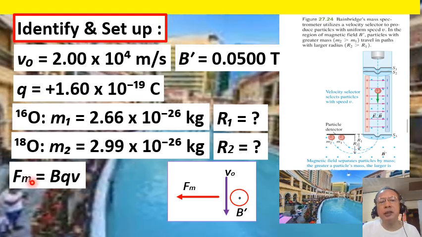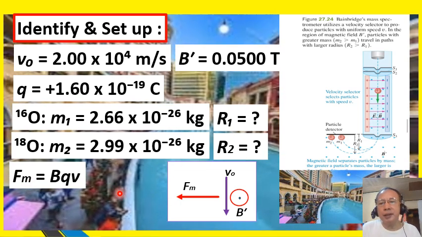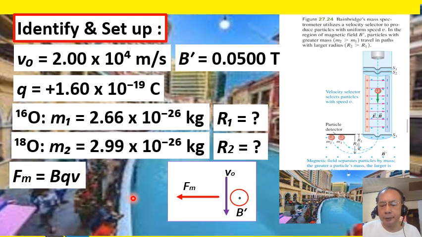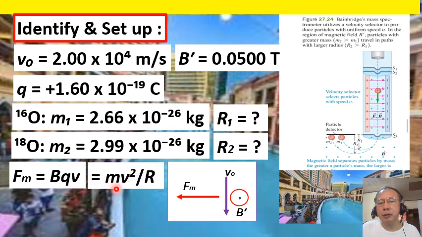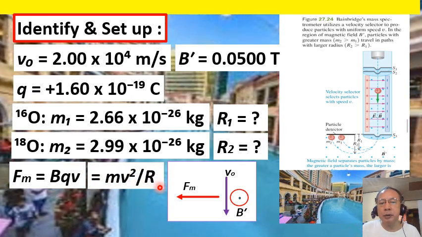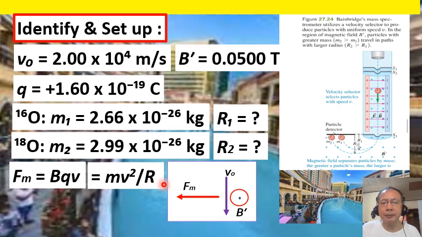Hence, we can equate this magnetic force to the centripetal force formula. That is, the centripetal force is equal to mv squared over r, where r is the radius of the circular path.